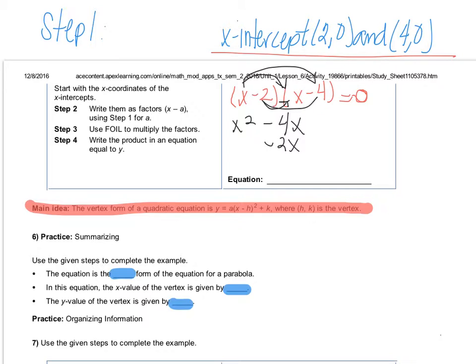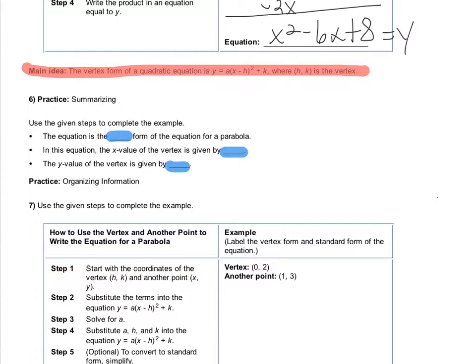And my last, negative 2 times negative 4, is positive 8. This still equals 0. Putting it all together, I got x squared minus 6x plus 8, which could equal y, because it can be graphed. All right, so that's our equation.